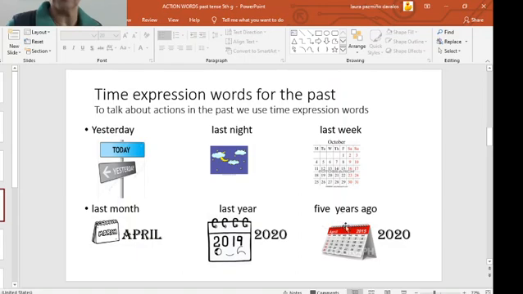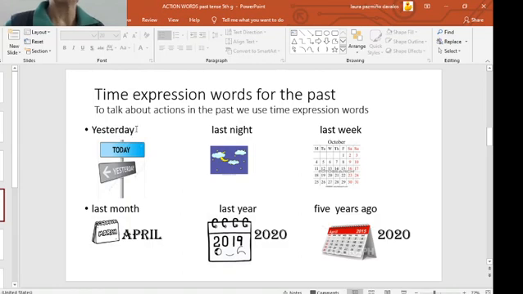Hace 5 años. Miren, ahorita estamos en el 2020. Hace 5 años era April 2015. Eso es hace 5 años. Okay? So, are you clear with these time expression words?